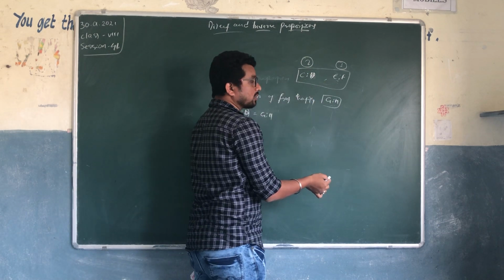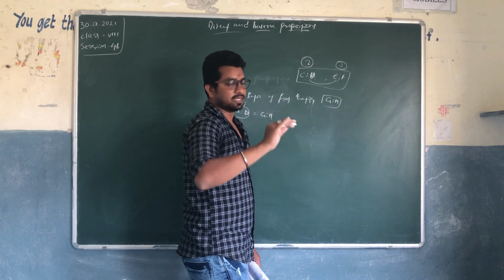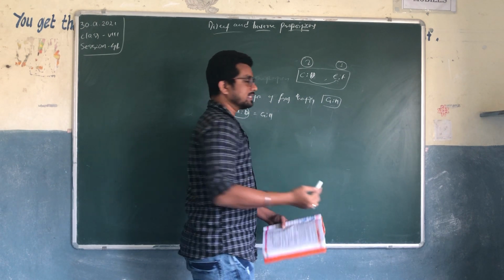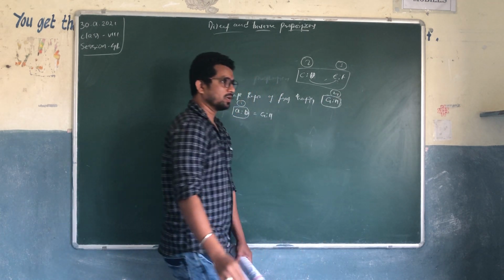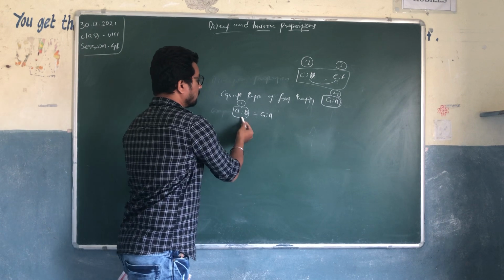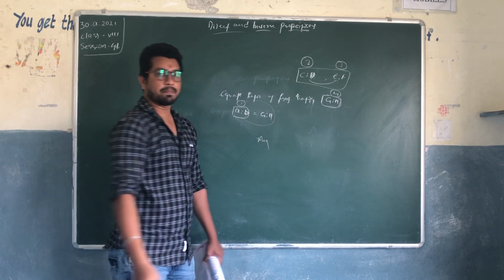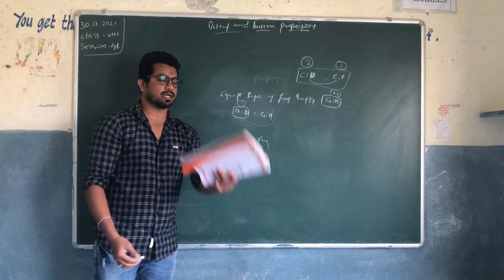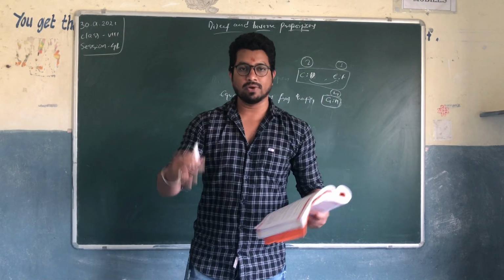We need to find the compound ratio of 2 and 3, so that you get the answer in the form of G is to H. This will be called 4. Now we need to equate 1 and 4 to get the final answer. This is a brief explanation about compound proportion.